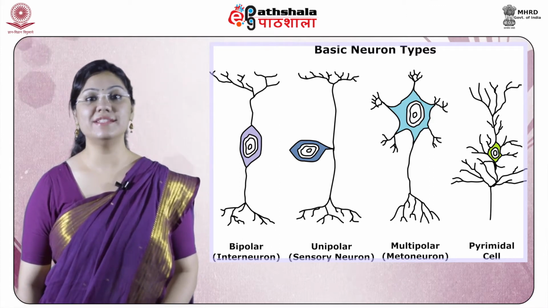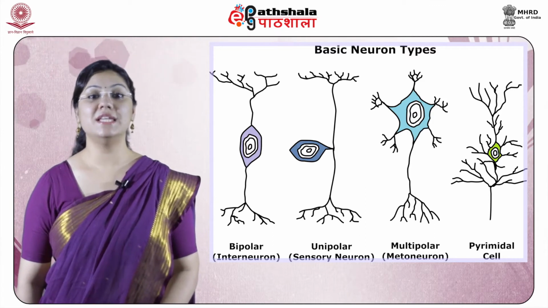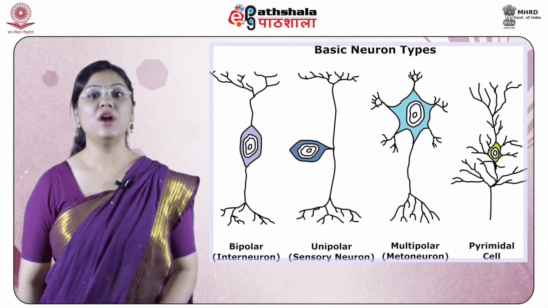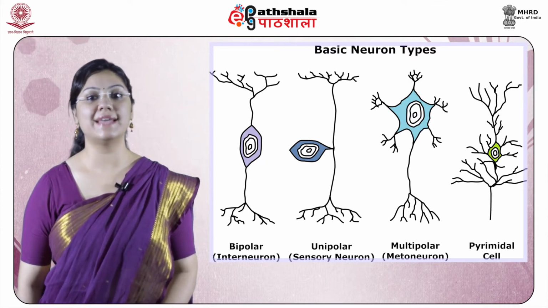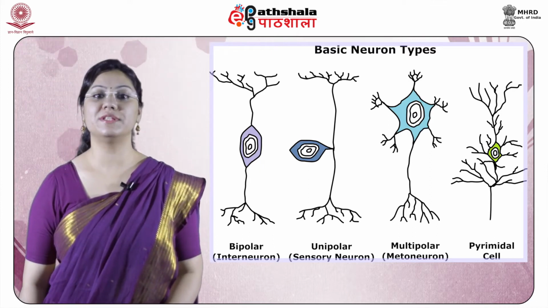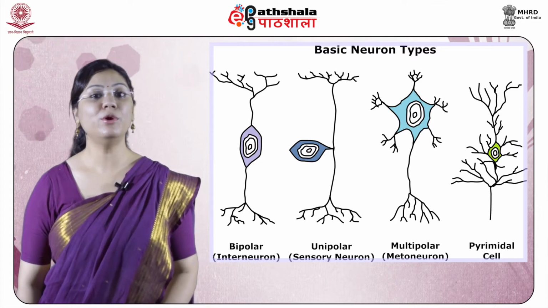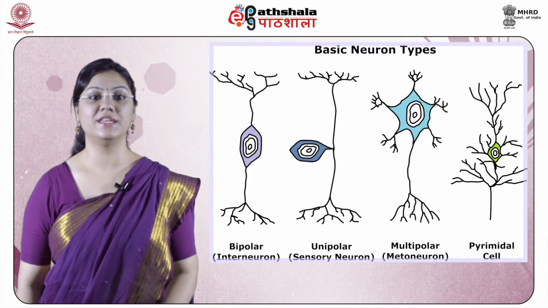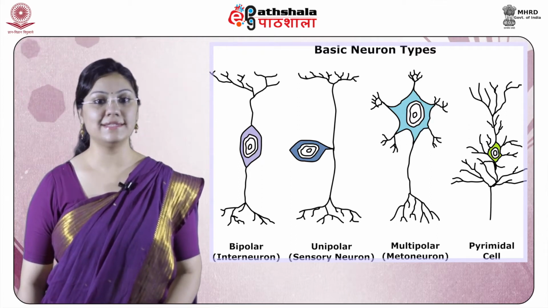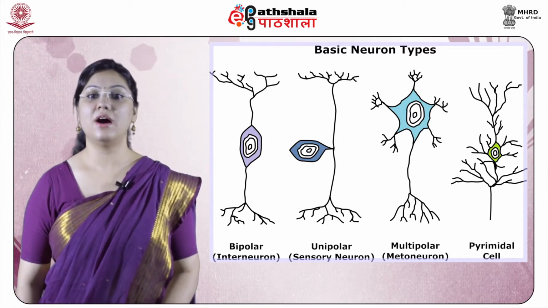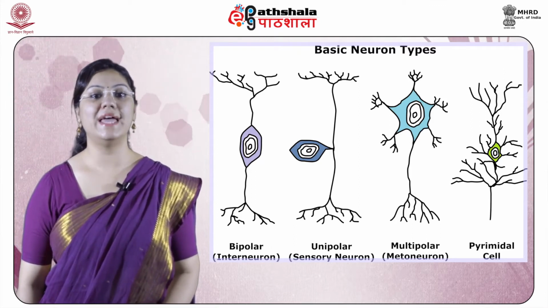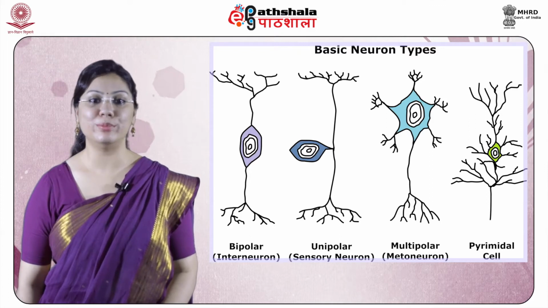Given the diversity of functions performed by neurons in different parts of the nervous system, they are of various shapes and sizes. Some different types are shown. The unipolar neuron is the most primitive type. Here, the dendrites and the axon arise from the same side of the soma, and hence the name unipolar.